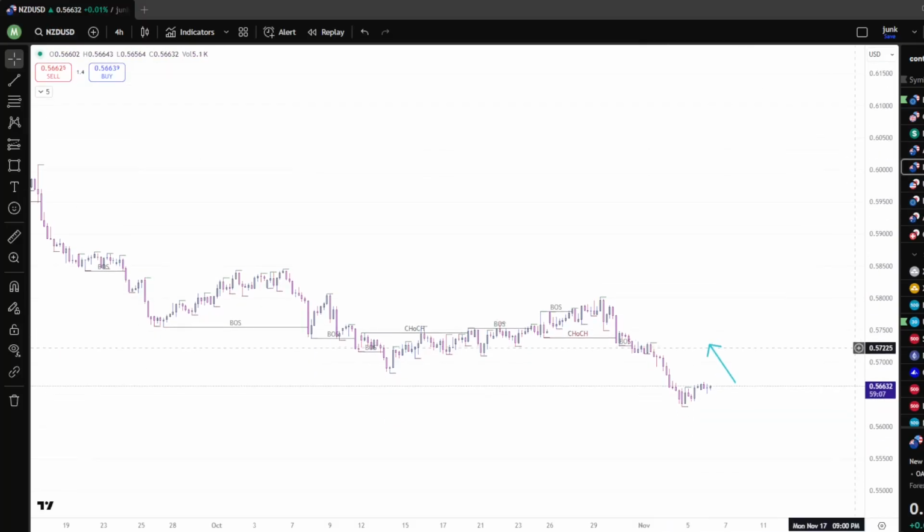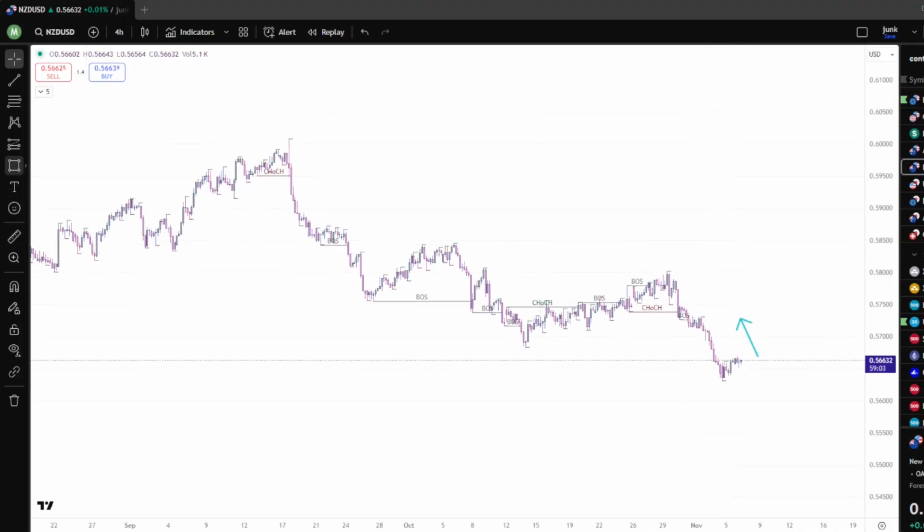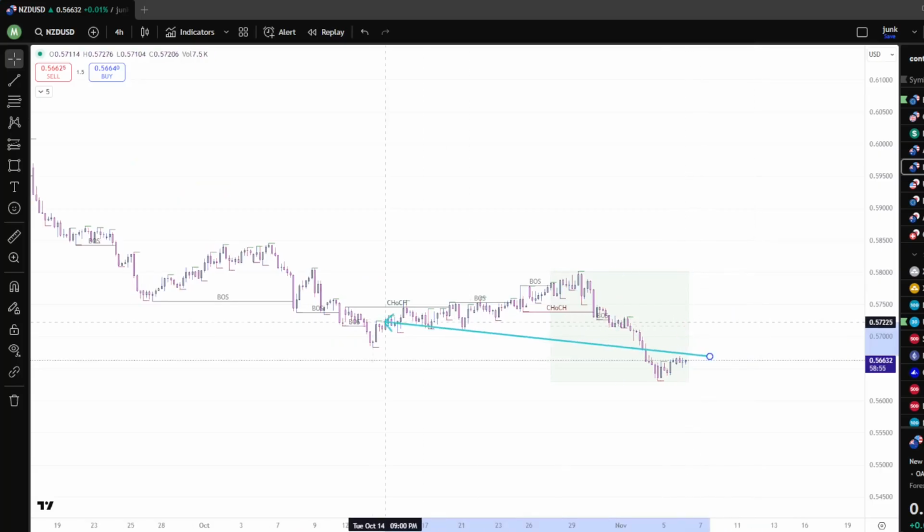NZD USD, let's go map out the current range as price continues to push down after that retracement, after that correction, after this bear flag, consolidation correction, ascending channel, we see that price continues to take out these lows, wants to push down.